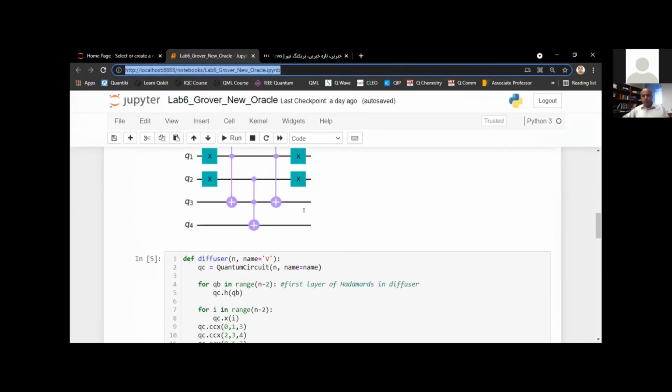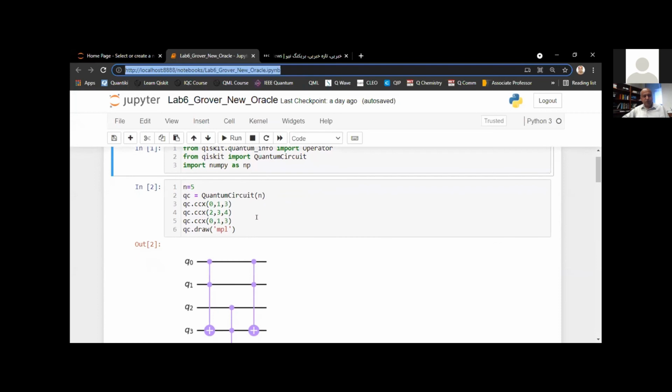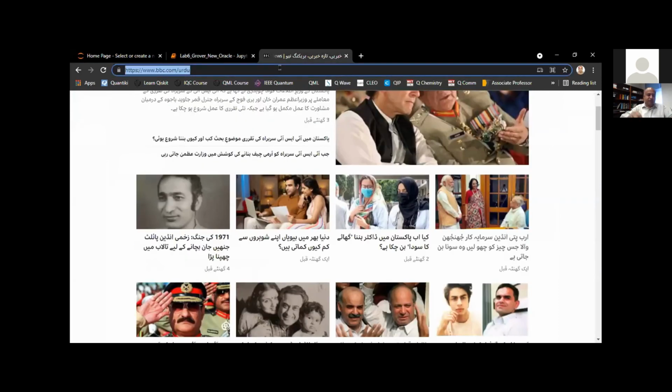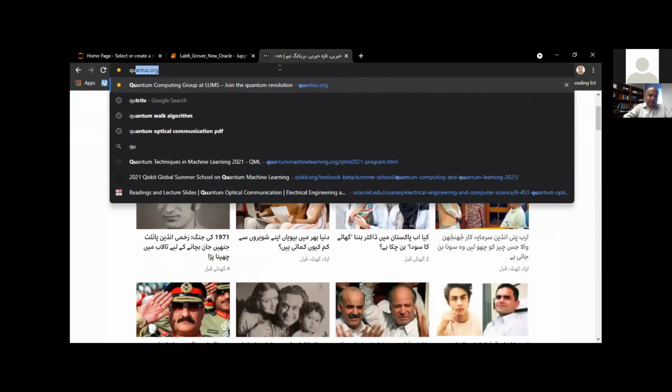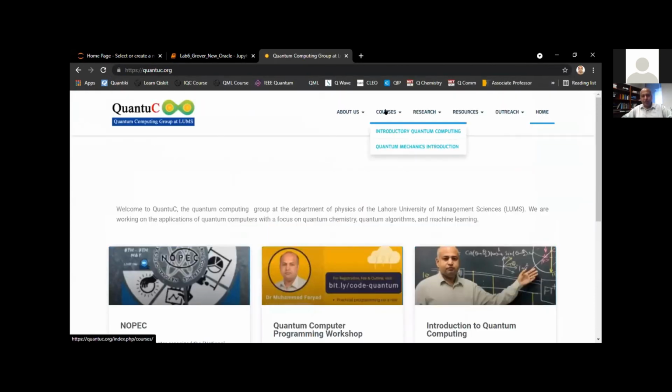All right, so this is a file that I have already prepared, and I'm not going to go into too much detail. You can check the detail yourself. You can access one of my courses on quantum computing that explains all of these things on this website, quantum.org. If you go to the courses, you see introductory quantum computing.